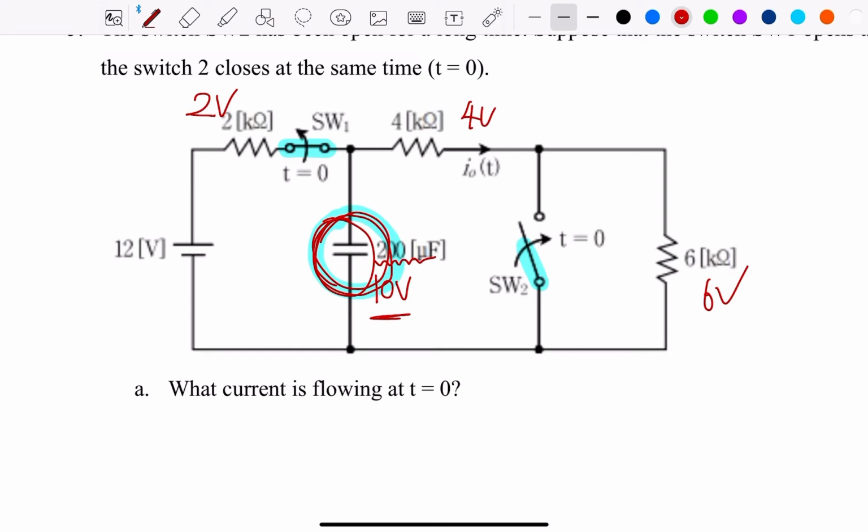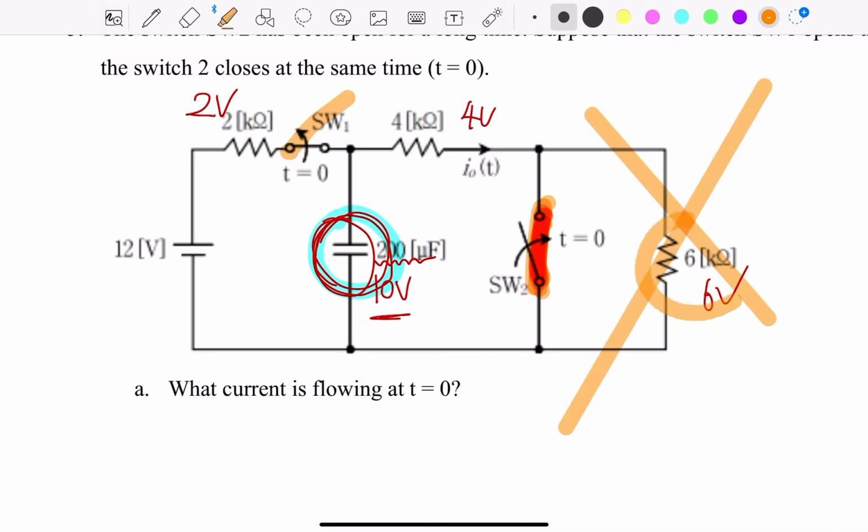Okay, suppose when the time reaches t equals 0, switch 1 will be opened, just like this, and switch 2 will be closed. Okay? So switch 2 is closed, and this also means that current doesn't flow over here. So you should only think about this part.